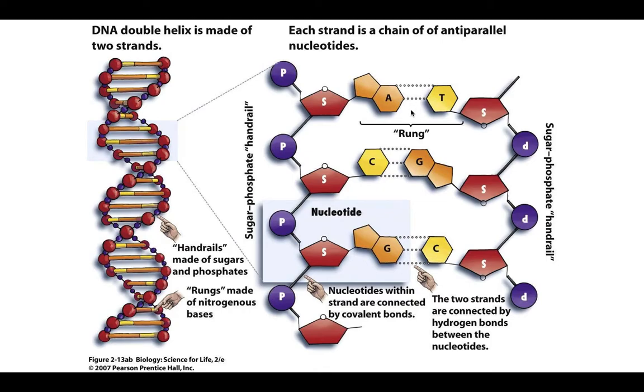Hydrogen bonds form typically between thymine and adenine, and between cytosine and guanine. Thymine and adenine each have 2 bonding sites, and cytosine and guanine each have 3 bonding sites, and so they form nice hydrogen bonds with each other in that configuration.